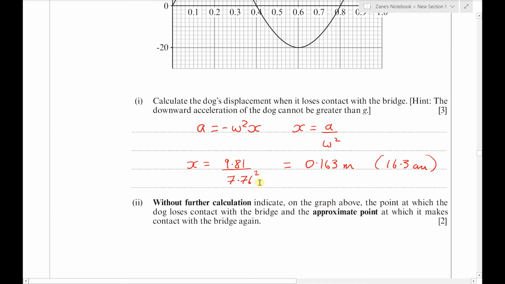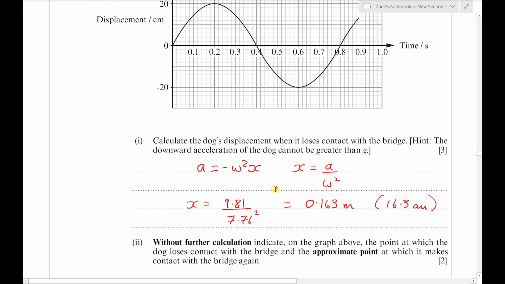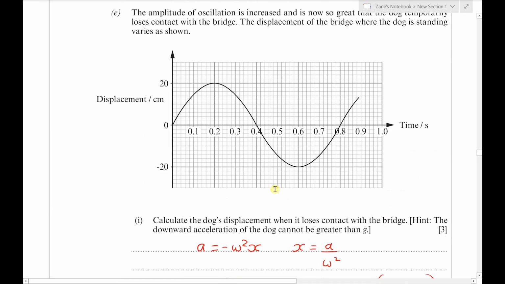Without further calculation, we've got to indicate on the graph above the point at which the dog loses contact with the bridge. Well, that's going to be when it first has a positive displacement of about 16 centimeters. So 16 centimeters would be about there. That's about 0.12 seconds.